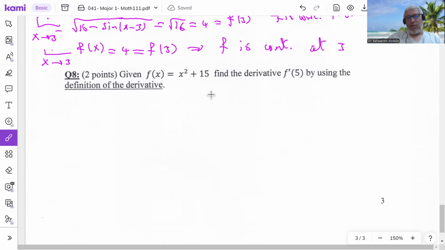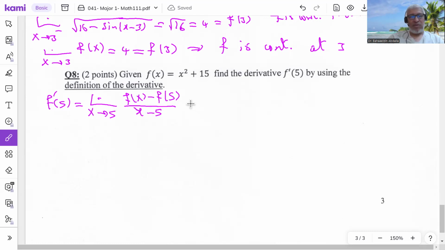Given f of x equals x squared plus 15, find the derivative f prime of 5. Well, f prime of 5 has two definitions. Either it is the limit when x approaches 5 of f of x minus f of 5 over x minus 5. For these definitions, please go back to the material, in section 2.7, I believe.